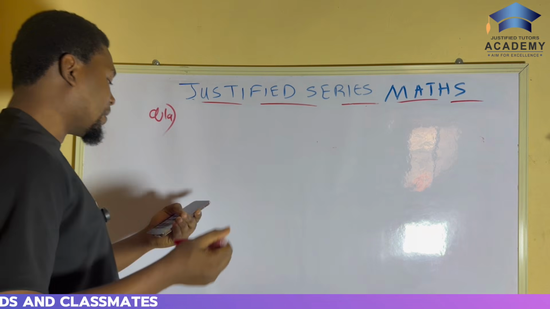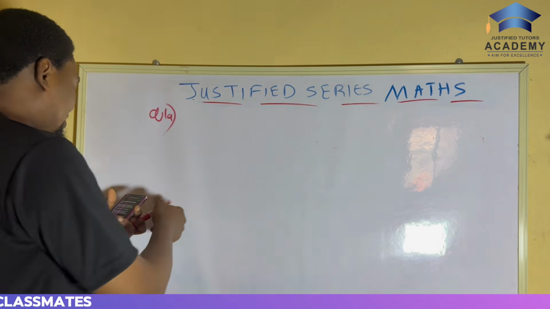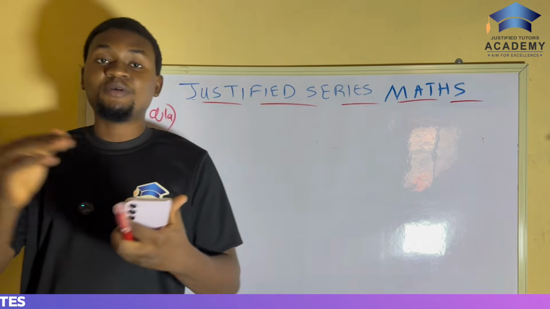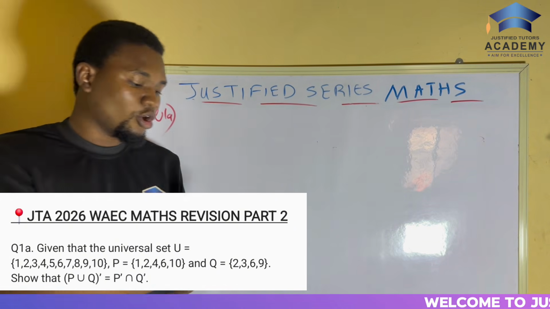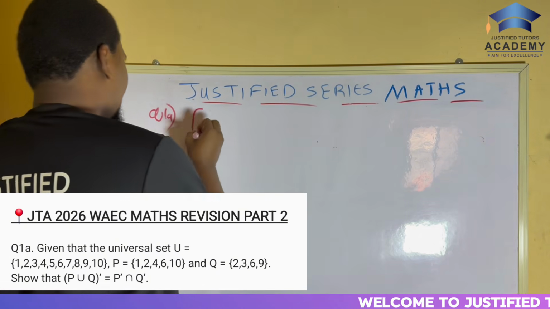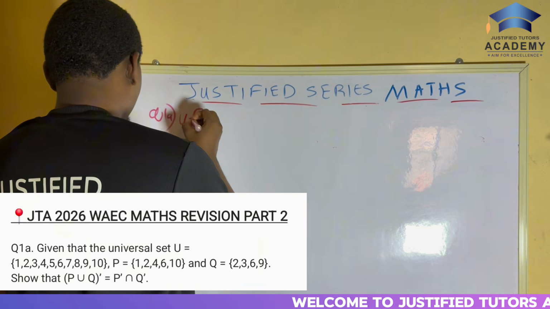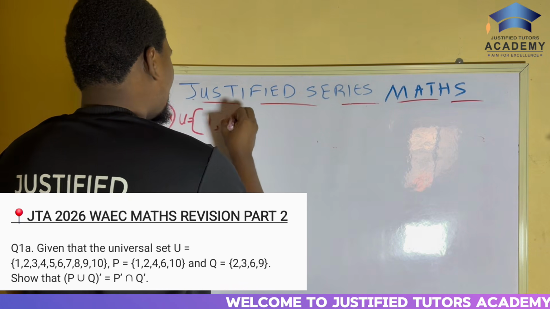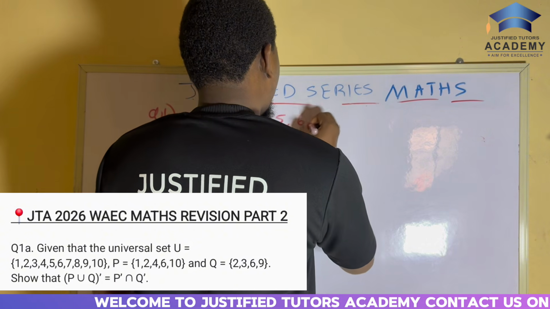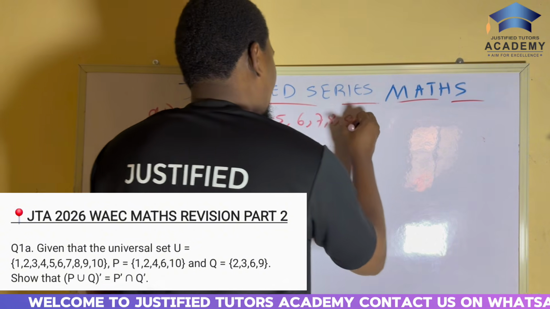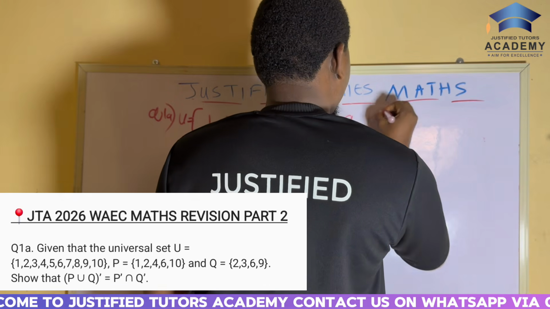The part A says, given that the universal set U is equal to 1, 2, 3, 4, 5, 6, 7, 8, 9, and 10.